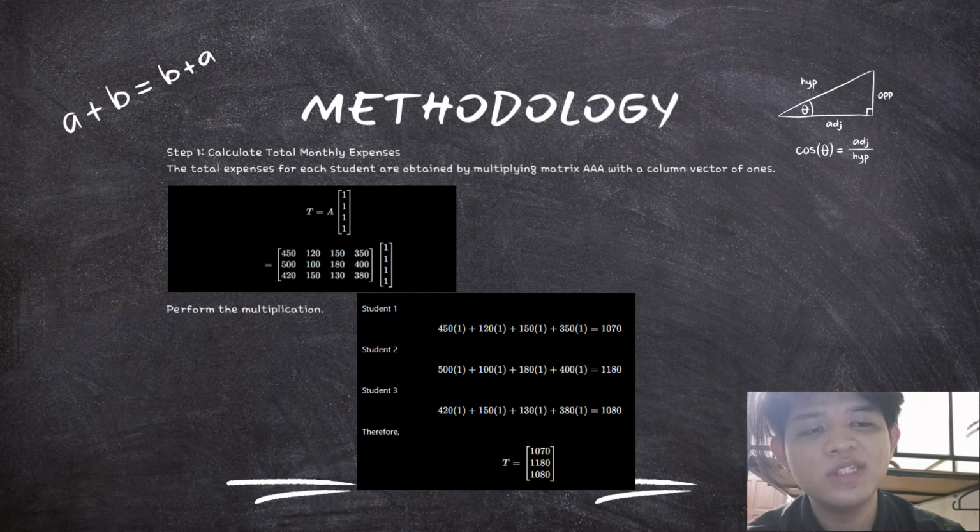If you summarize it, it will be 1080. Therefore, the total monthly expenses are 1070, 1180, and 1080.